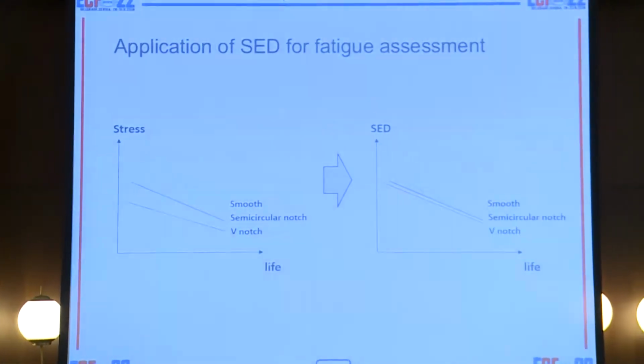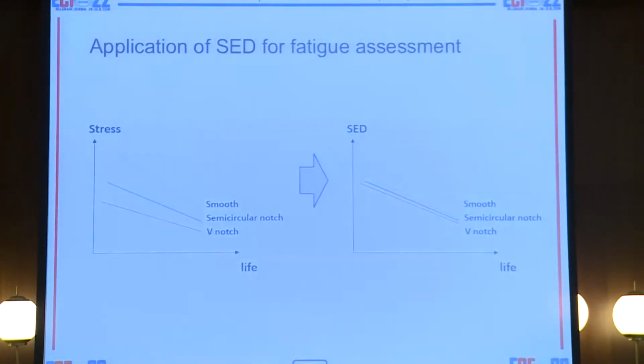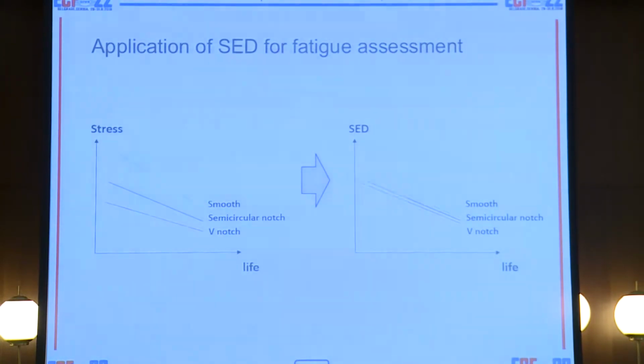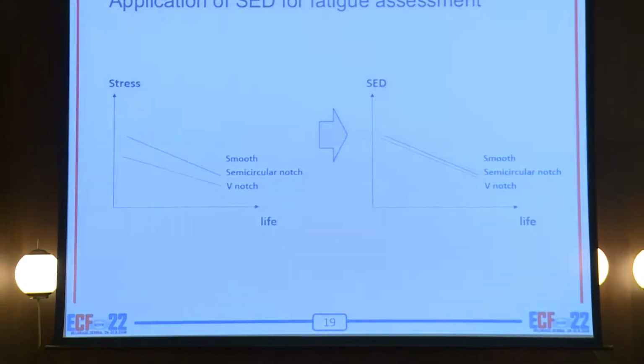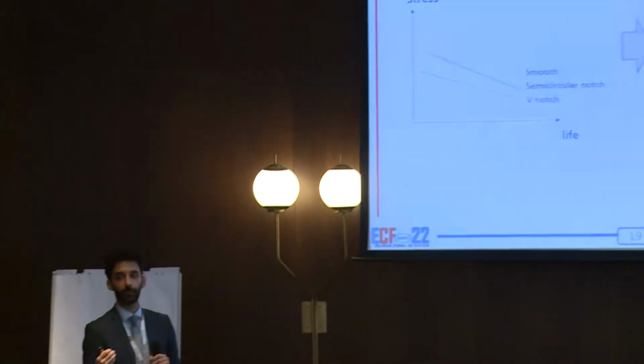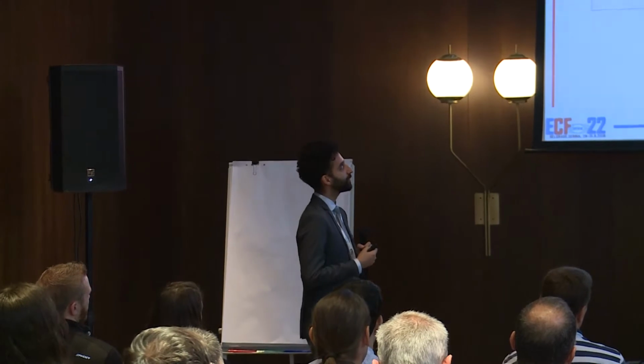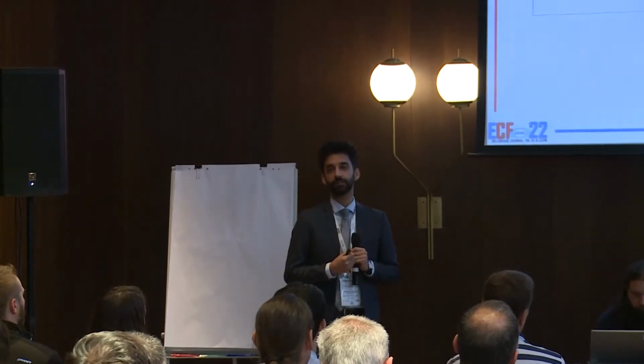Then Lazzarin extended this method that he proposed, again for fatigue loading. The problem for fatigue assessment is that when you plot stress versus life, you get different curves for notch specimens and smooth specimens. So Lazzarin suggested using SED instead of stress.